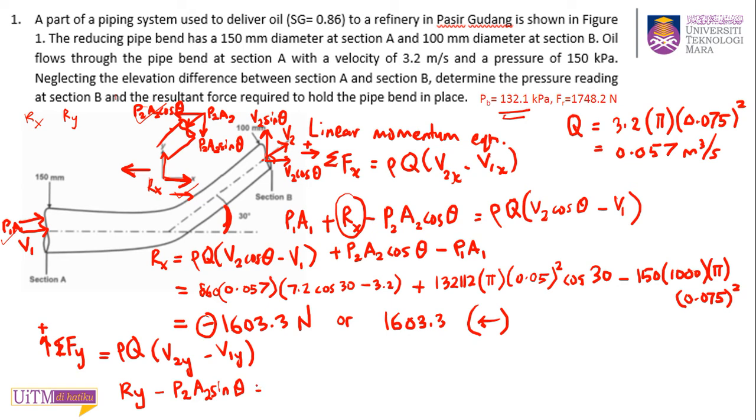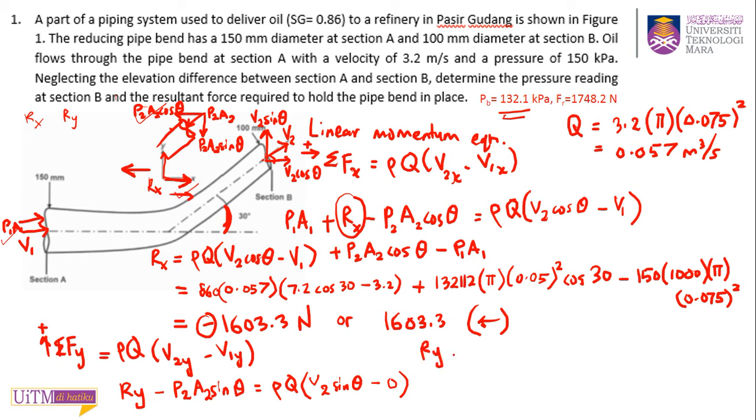This equals rho Q times V2y. So this is your V2y upwards, V2 sin theta. It's the same direction with your reference. So V2 sin theta minus V1y. There's no V1y, so this is 0. Okay, so you can find your Ry.